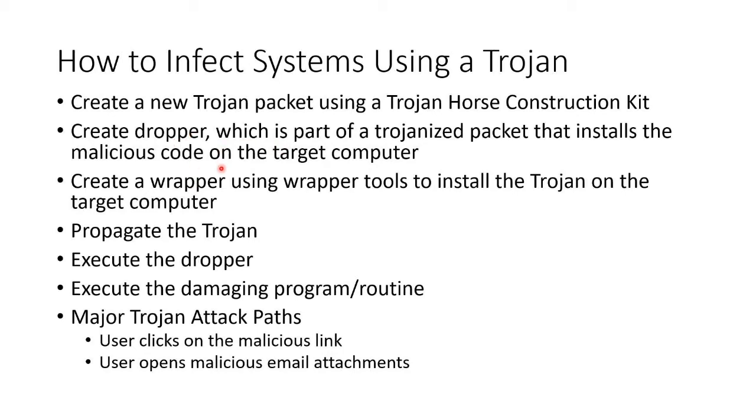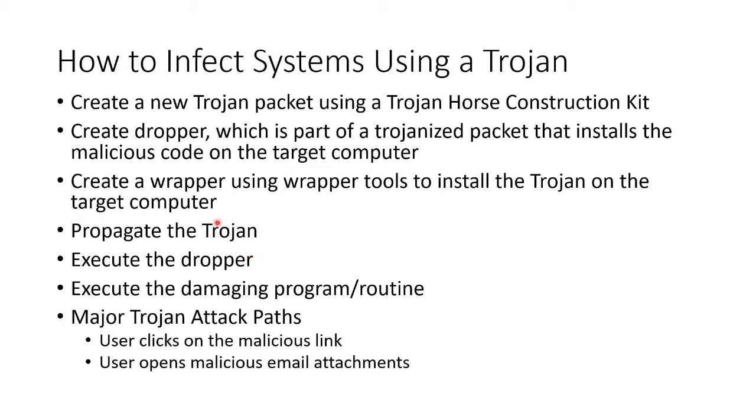Or the tool might call itself a wrapper as opposed to a construction kit. You wrap the Trojan and the legitimate application or file into a larger thing. You propagate the Trojan. This dropper is part of the Trojanized packet that installs the malicious code on the target computer.